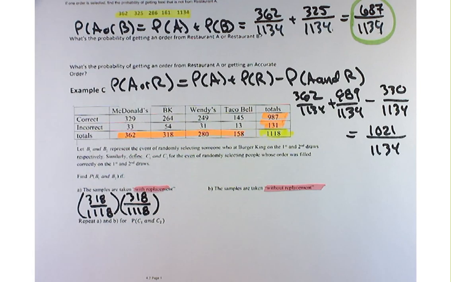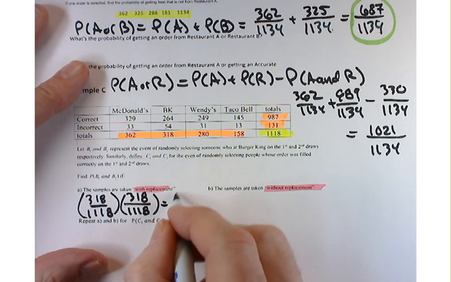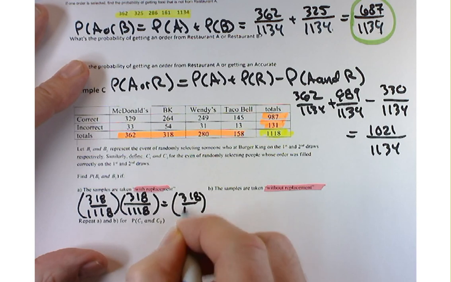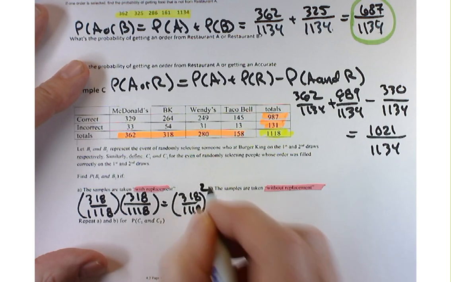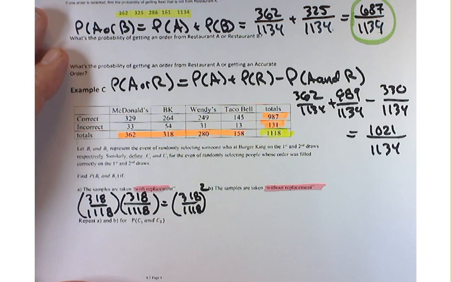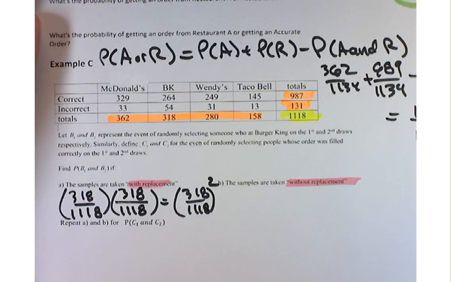Now, the only thing I would really like to see here is if you write that as 318 over 1,118 squared. I don't care about lowest terms. It's just not a part of this course. So that's the first one.